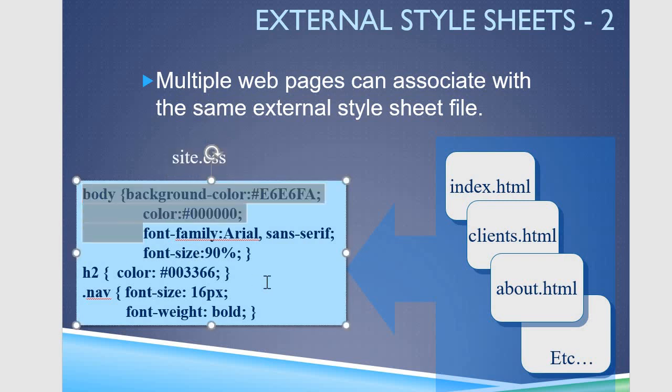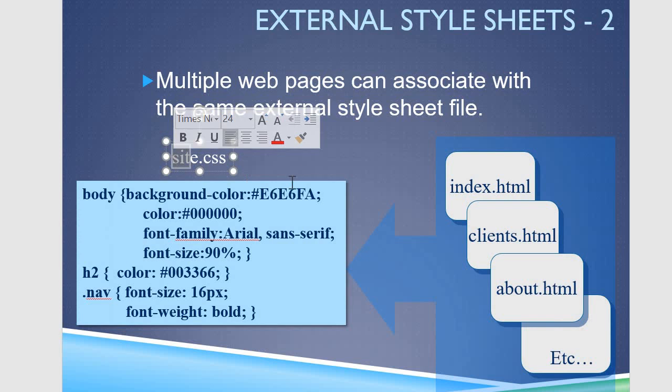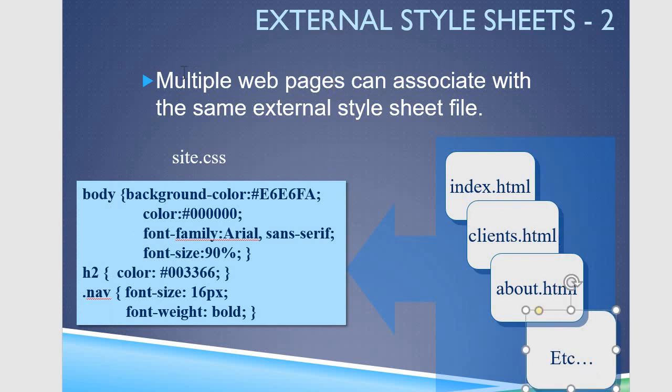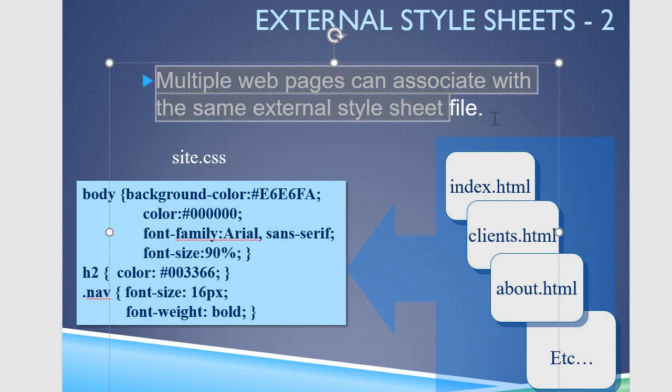We will open a new file, write this, and save it with the file name .css. So this style will be applied to multiple web pages. See, a number of web pages are available, and all these styles can be applied to multiple web pages. Multiple web pages can associate with the same external style file.